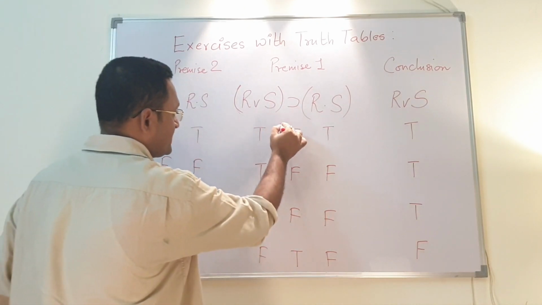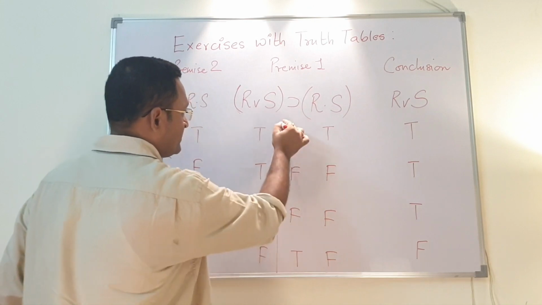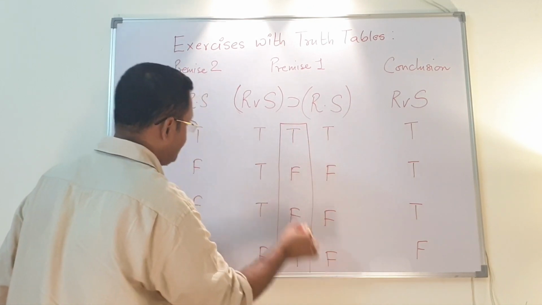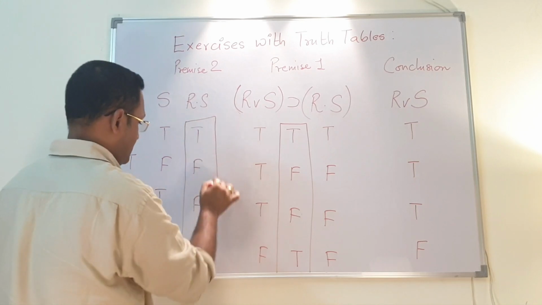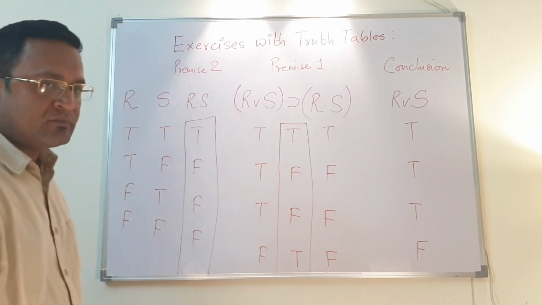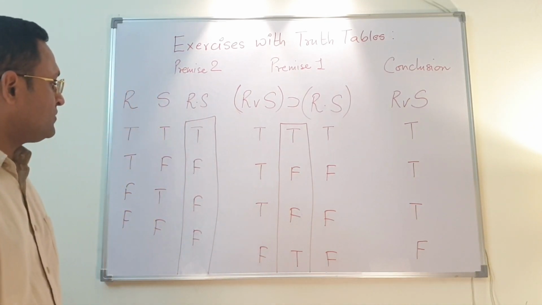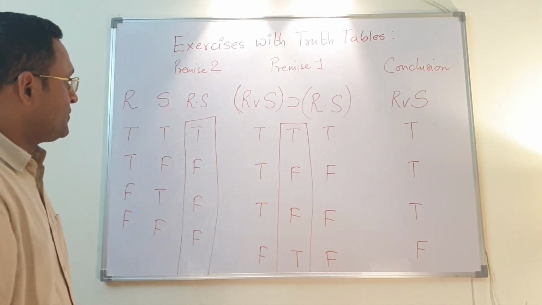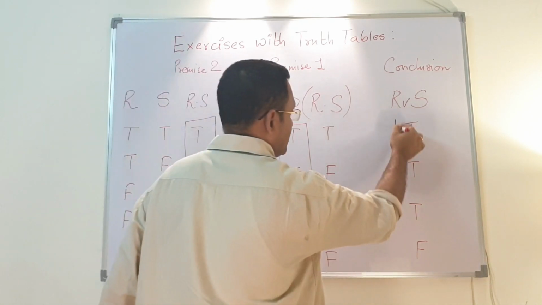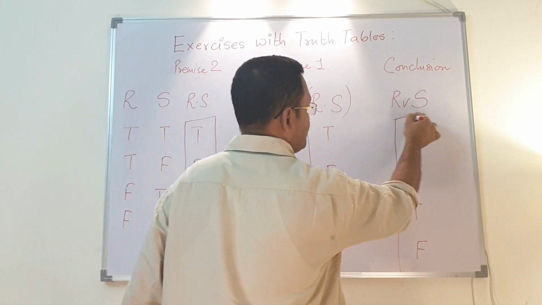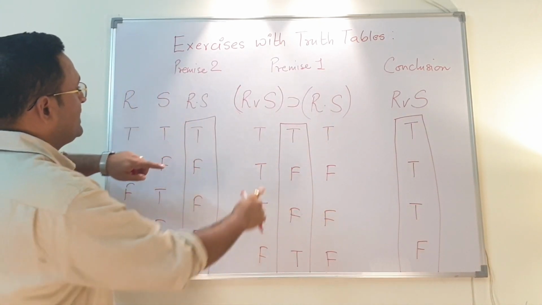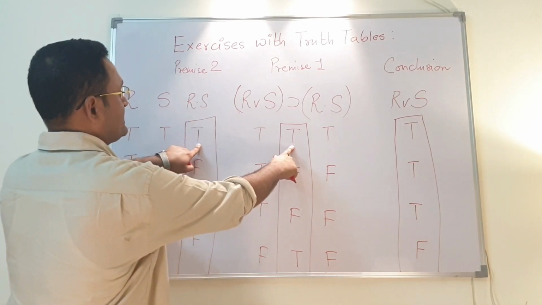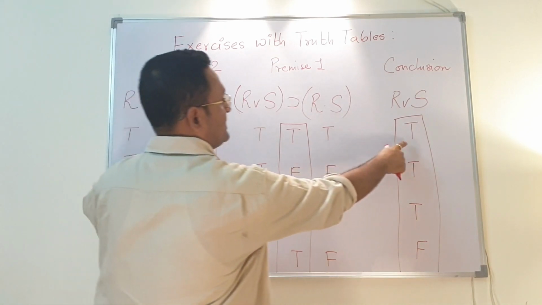So how will we check whether this argument is valid or invalid? We know this is premise 1, this is premise 2. We are concerned with this value, and this value, and this value, which is the conclusion, the third one. Now we have to check where the two premises are true. This line and this line are fine, and this is the conclusion.